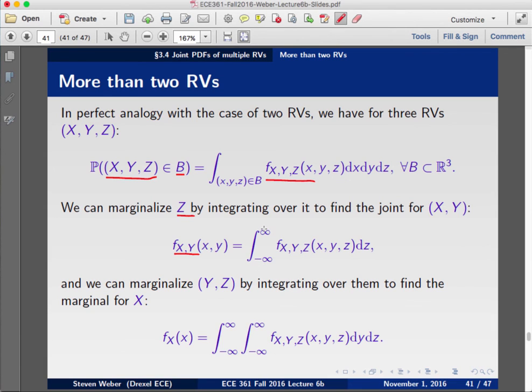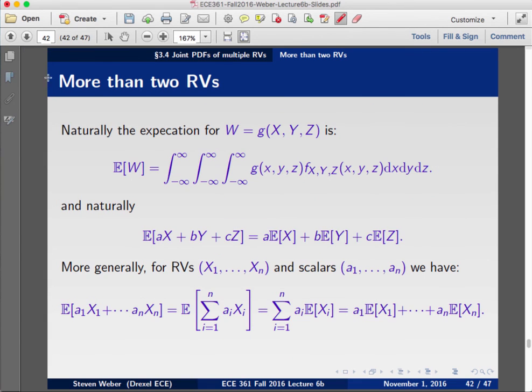And now suppose I further wanted to marginalize out and just have the marginal distribution for X. Well, I'm going to take that joint distribution f of x, y, z and integrate over all possible values for y and z, that is, for the two variables whose values I don't care about. The natural thing.